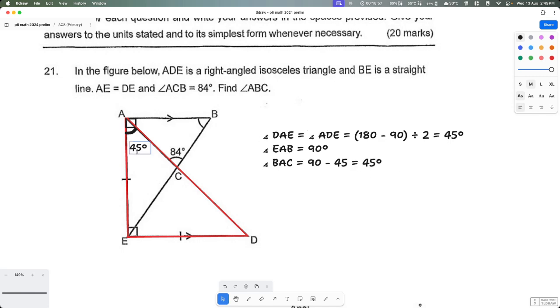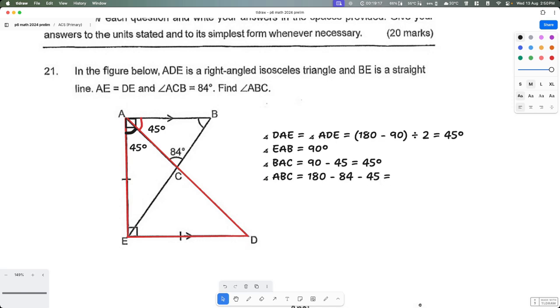So since this is also 45 degrees over here as well, then we can just subtract to get angle ABC. Angle ABC is equal to 180 minus 84 minus 45.